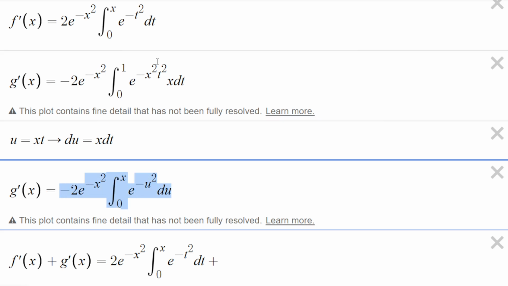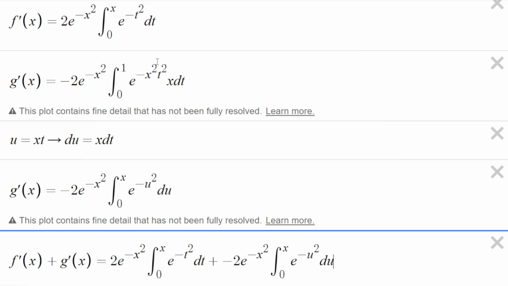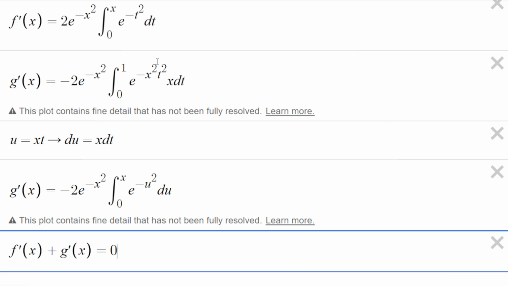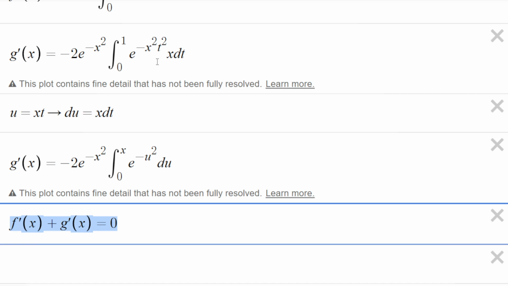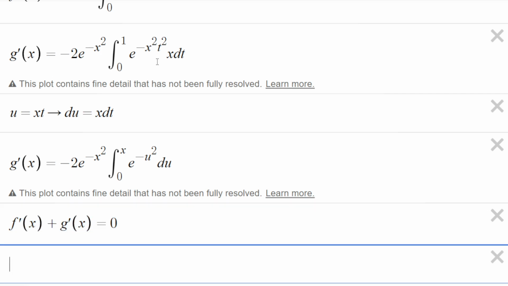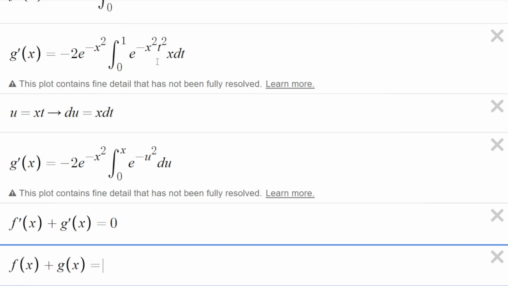And now you'll notice those are exactly the same thing, so that is just 0. Great. All right, now let's reintegrate this equation with respect to x. So we're going to take an antiderivative on both sides with respect to x. That's going to give us f of x plus g of x is equal to some constant c.